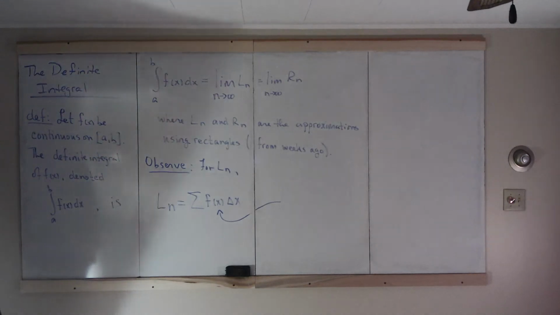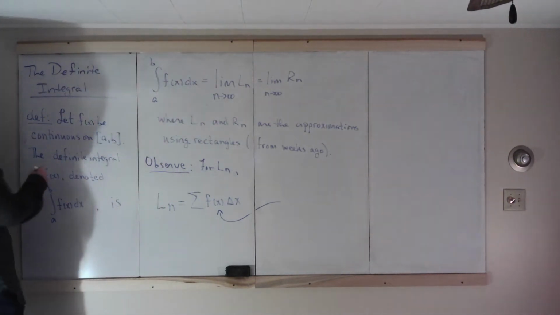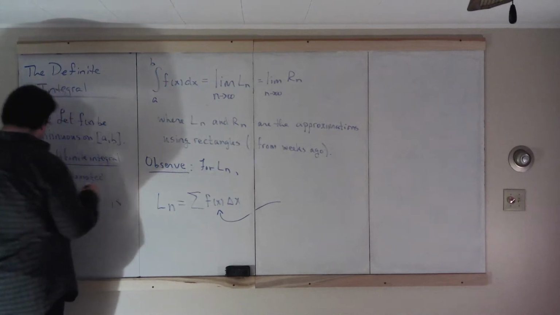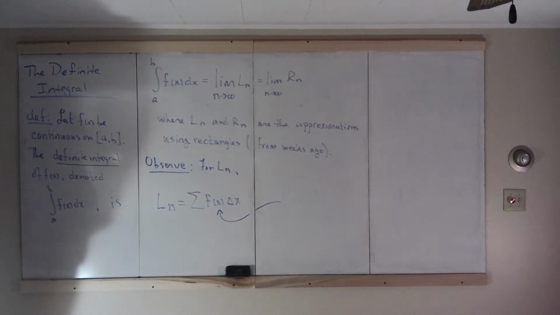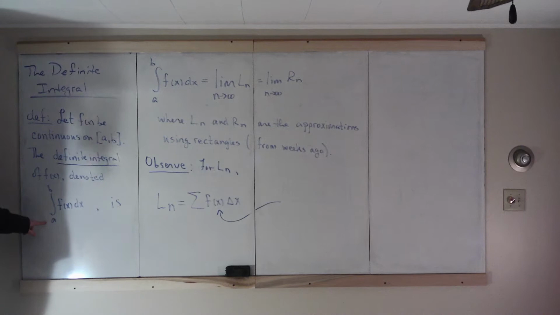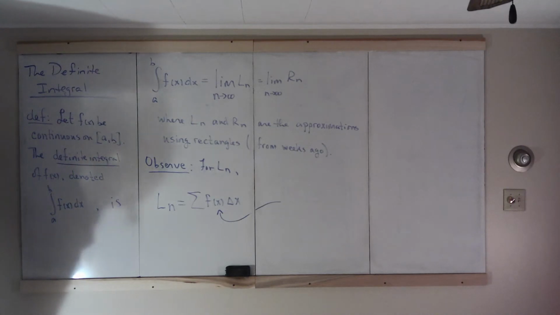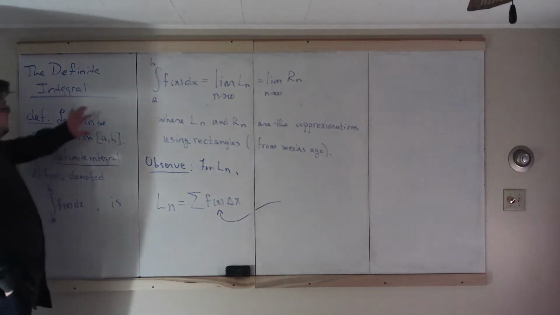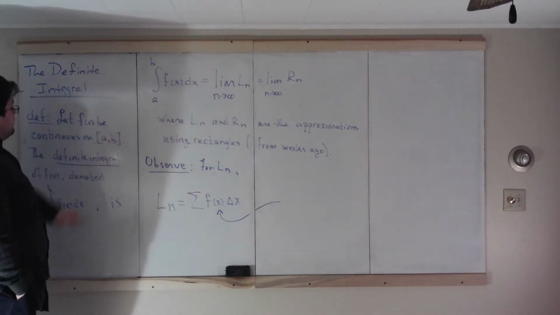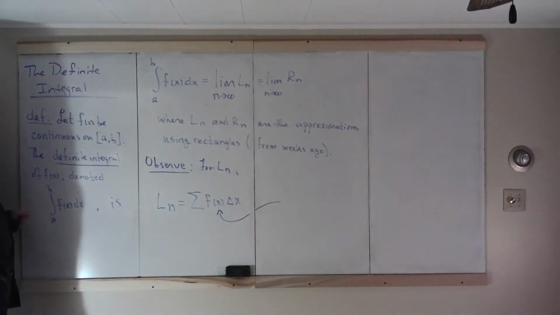Definition. The definite integral. Let f of x be continuous on closed interval a to b. The definite integral of f of x is denoted integral, a at the bottom, b at the top, f of x dx. So the notation here is the same as the notation for the indefinite integral, except we're keeping ourselves on a closed interval from a to b.